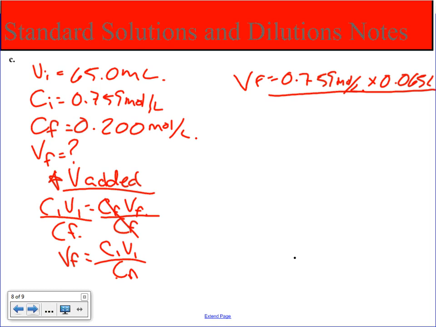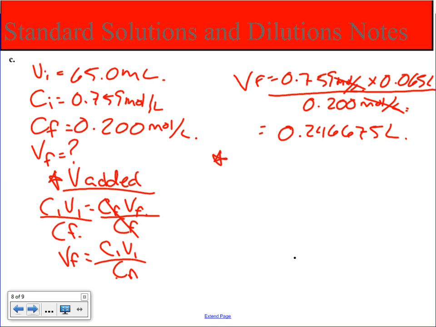And then I'm going to divide by the final concentration I want, 0.200 moles per liter. Cancel out the units, and I'm going to get 0.246675 liters.